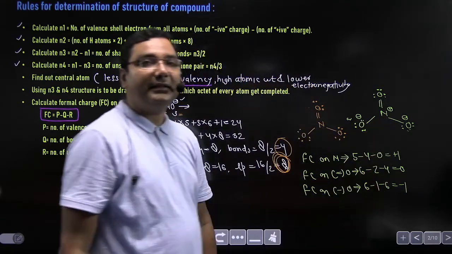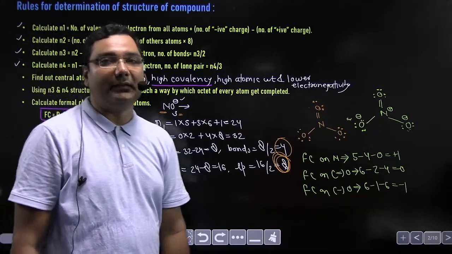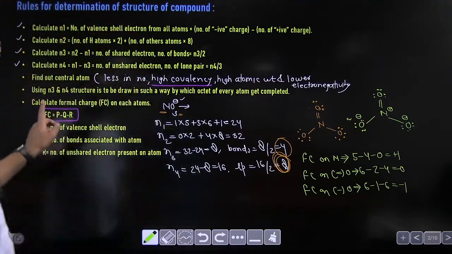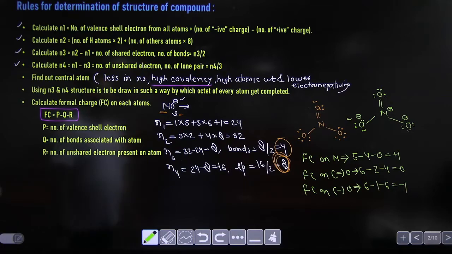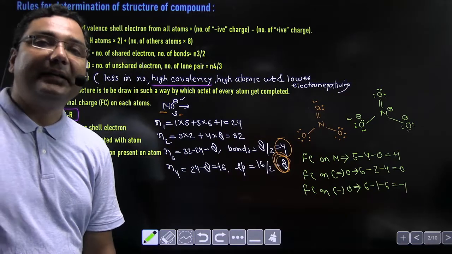So now you can see this is the real structure of NO3 minus. So with the help of this rule, you will find the structure of any complicated molecule.